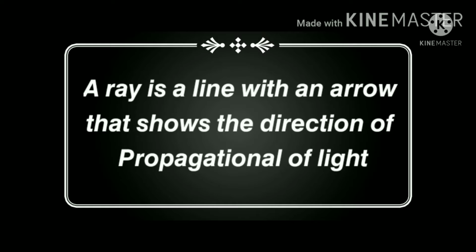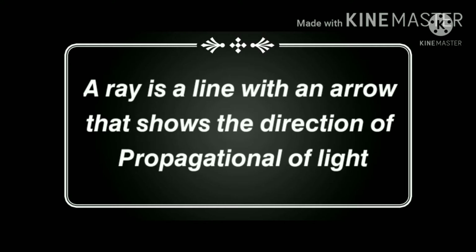Such a diagram is called a ray diagram. So, a ray is the representative of the path of the light, that means a straight line. Okay, so are you clear now?